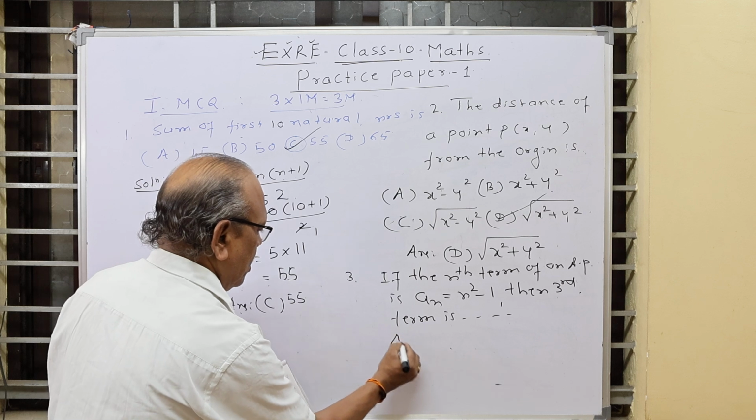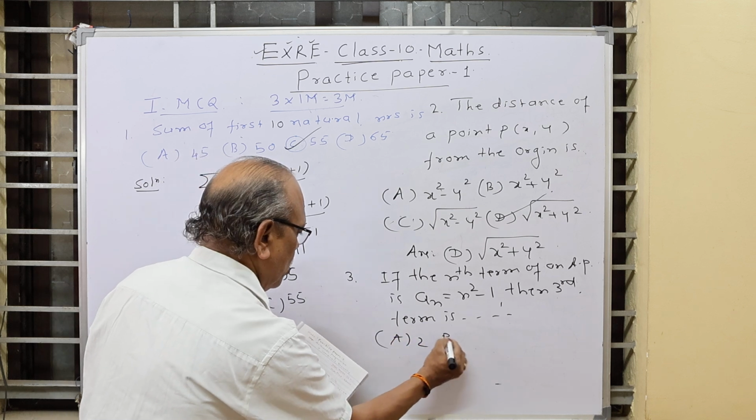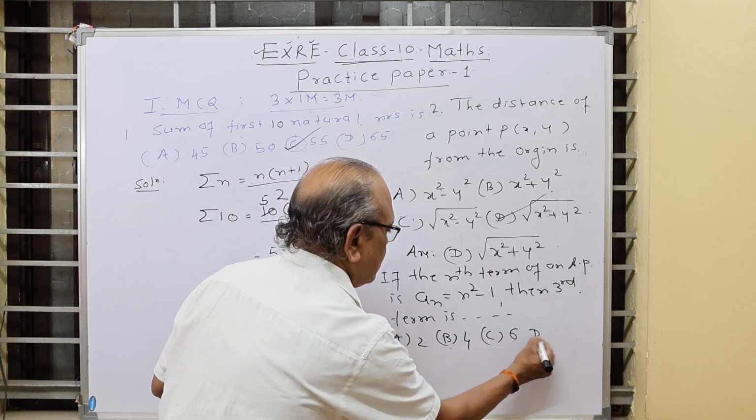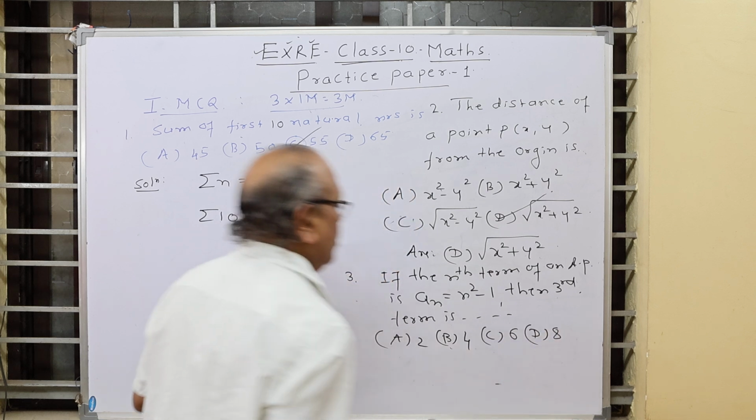The options are, option A is equal to 2, option B is equal to 4, option C is equal to 6, option D is equal to 8.